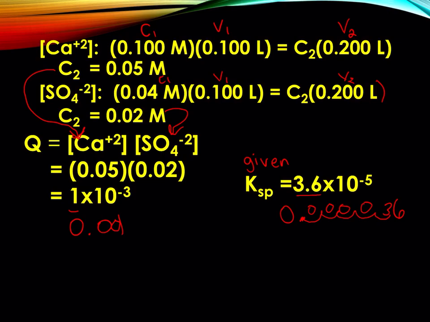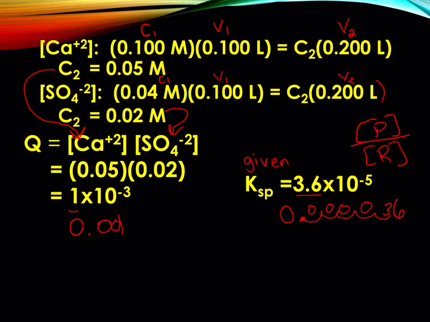Which is quite a few zeros compared to the other one. So when you write it out not as scientific notation, then you can definitely see that Q is bigger than KSP. But again, it's not always going to be possible. Like some of them are 10 to the -11 and stuff. Most calculators do not have that kind of display power. So you really have to try your best with the scientific notation.